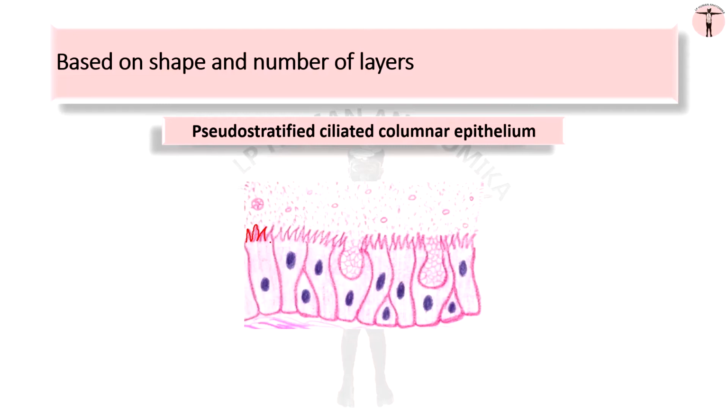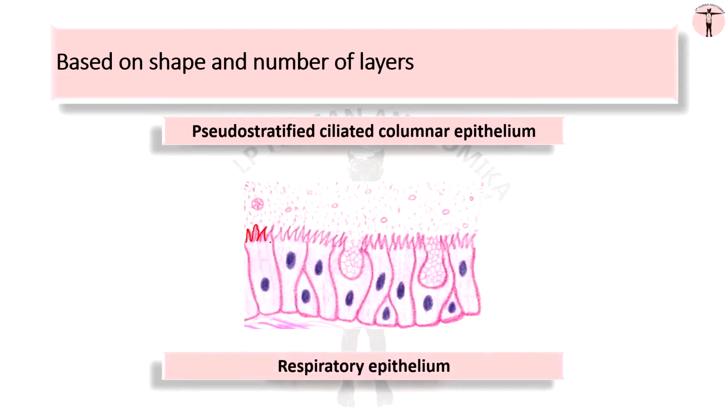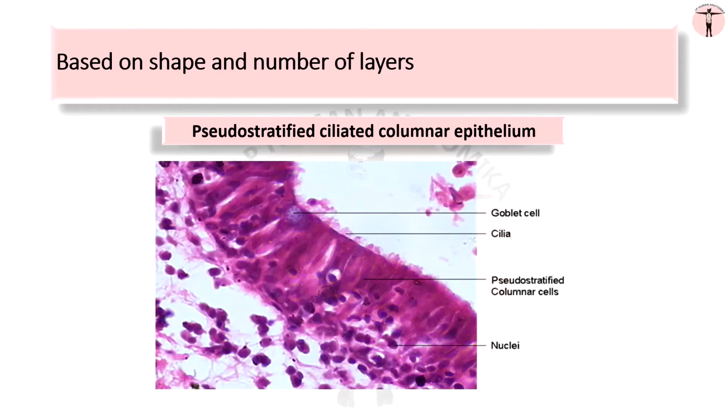This is confined to the respiratory tract, and because it is seen only in the respiratory tract, it is known as respiratory epithelium. Here is the picture showing the pseudostratified ciliated columnar epithelium and the projections on the apical surface, which are called cilia.